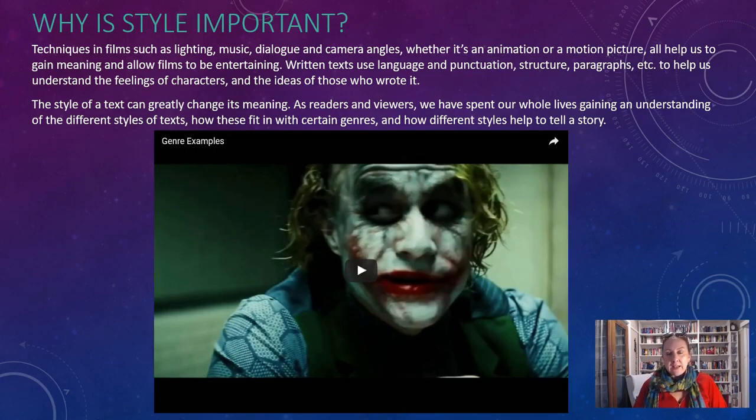Okay, so why is style important? Techniques in films such as lighting, music, dialogue, and camera angles, whether it's an animation or a motion picture, all help us to gain meaning and allow films to be entertaining. Written texts use language and punctuation, structure, paragraphs, and a whole bunch of other things, as we saw with the Neil Gaiman example at the beginning, to help us understand the feelings of characters and the ideas of those who wrote it.